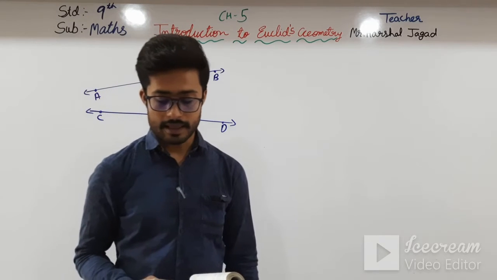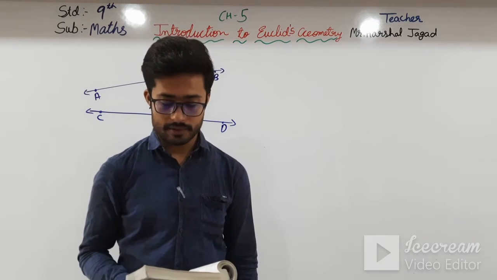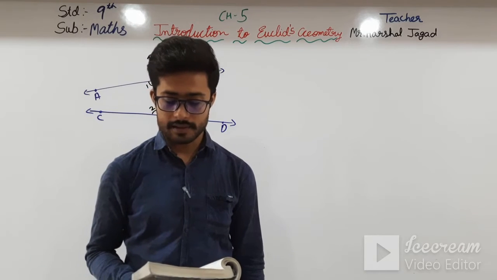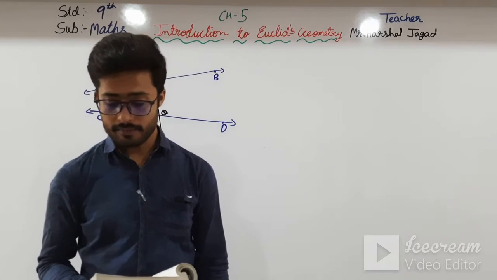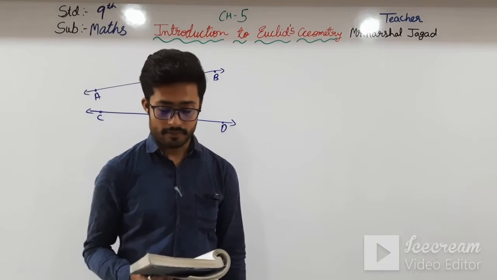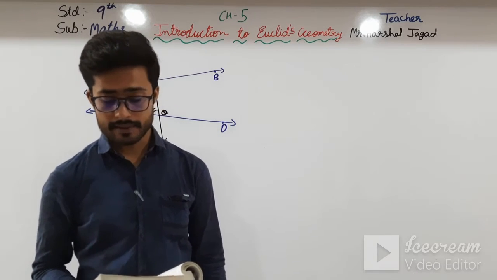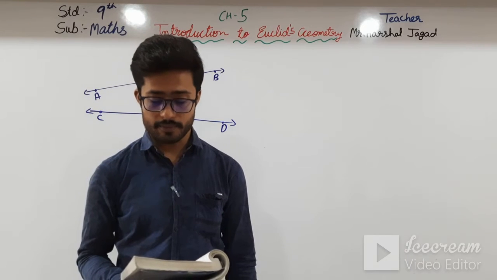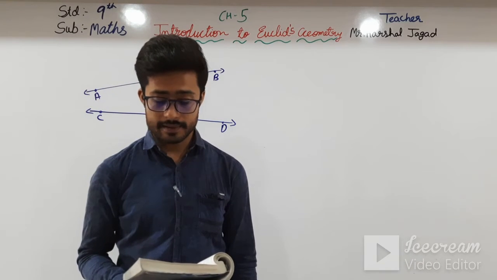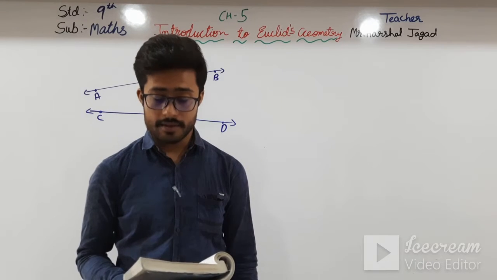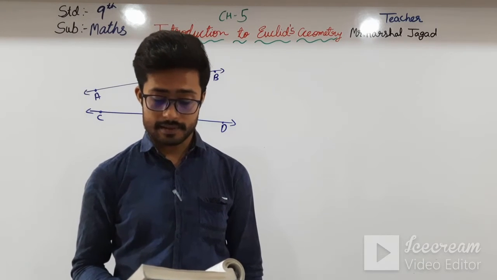If it is true, then it is accepted as a postulate. A system of axioms is called consistent if it is not possible to deduce from these axioms a statement that contradicts any axiom or previously proved statement. So when any system of axioms is given, it needs to be ensured that the system is consistent.